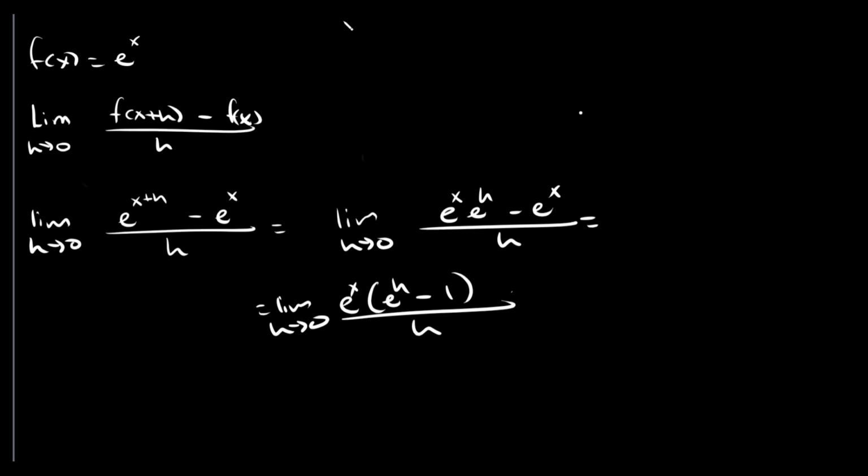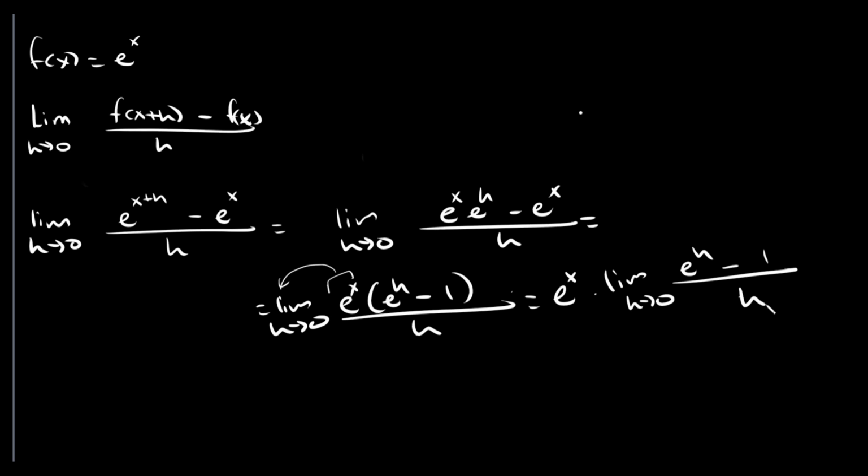Sorry for the delay, something came up. Let's continue. We can just put e to the x in front of my limit, because x is not the variable I want to deal with.